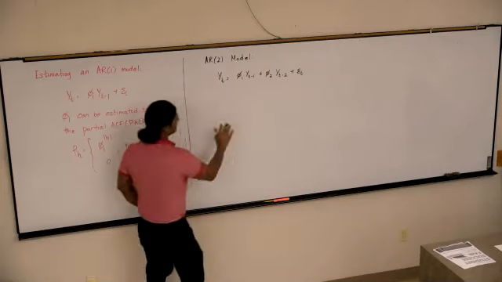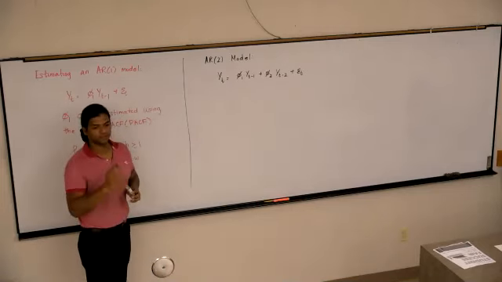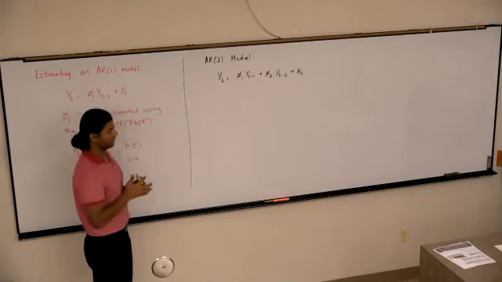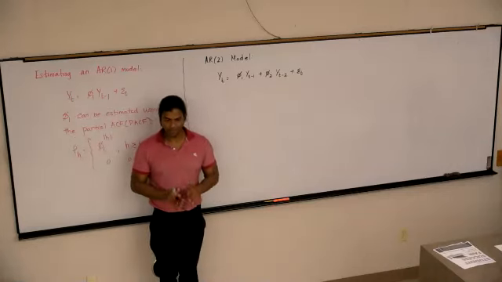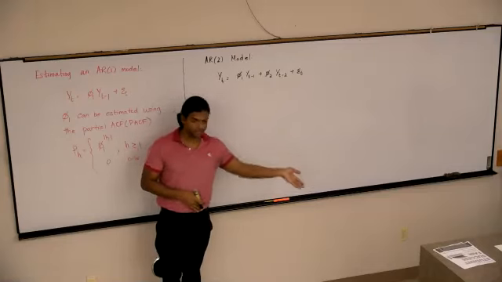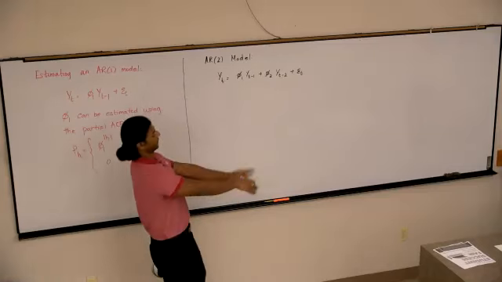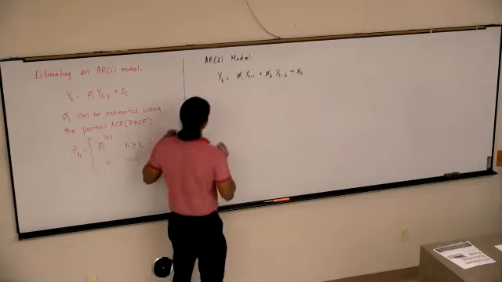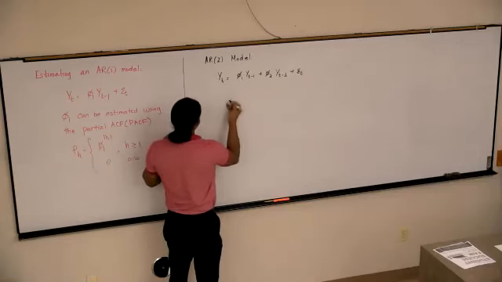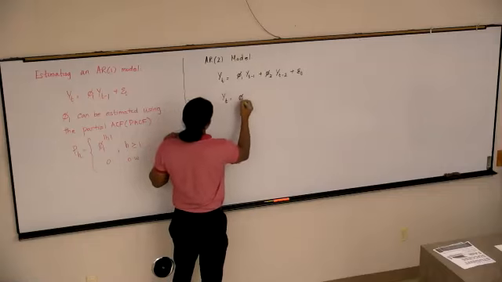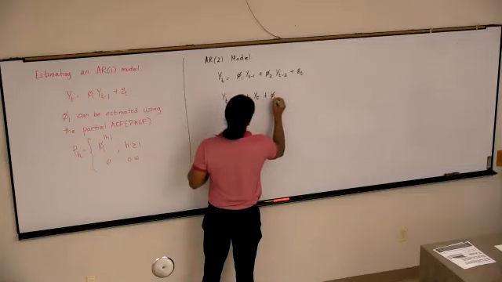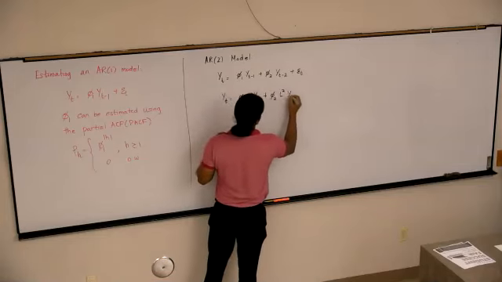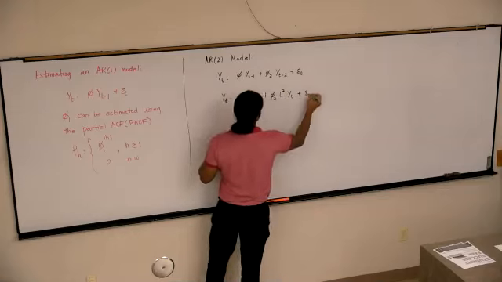So that is an AR2 model because we have two coefficients, in the sense that whatever happens at time t depends on t minus 1 and t minus 2. So two-day regression. We can write this as y_t equals phi1 L y_t plus phi2 L squared y_t plus epsilon_t.